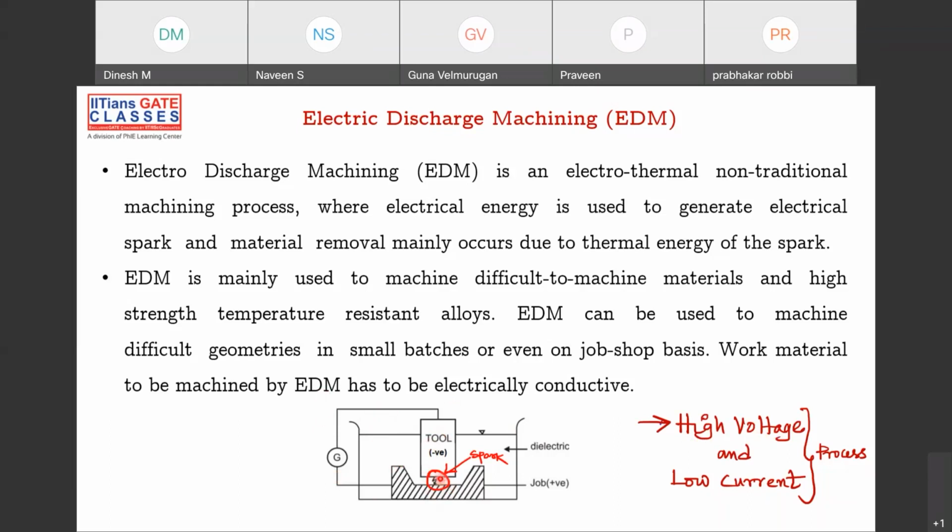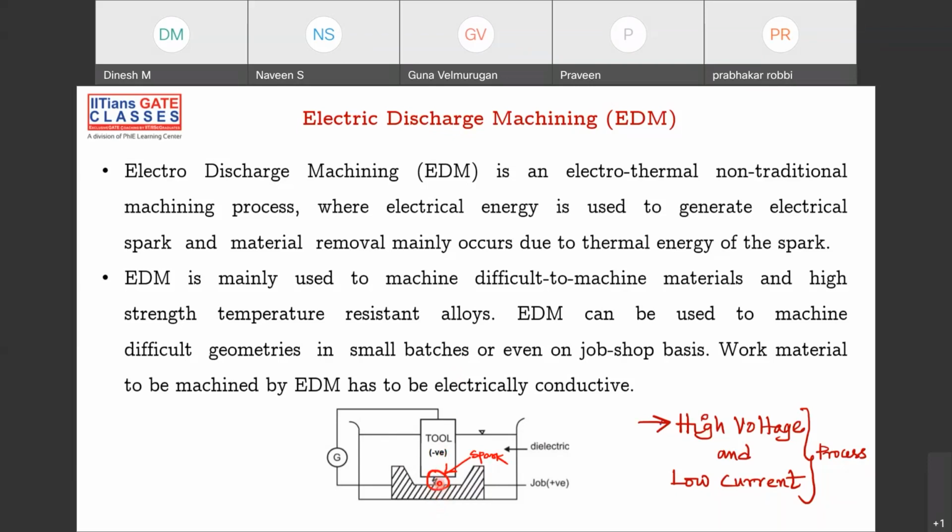There is a series of sparks, with a small time gap where the dielectric fluid allows the electricity to pass from tool to workpiece. The electrons pass from tool to workpiece very momentarily, in fractions of a second.